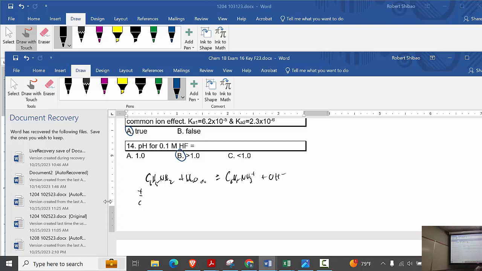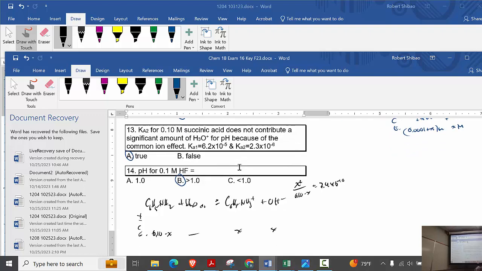So just go to the end here. And so this is going to be 0.10 minus x. And this is going to be x and x. We're going to get x squared over 0.10 minus x is equal to 7.4 times 10 to the minus 10. And what we'll do here is we'll just use the SA right off.